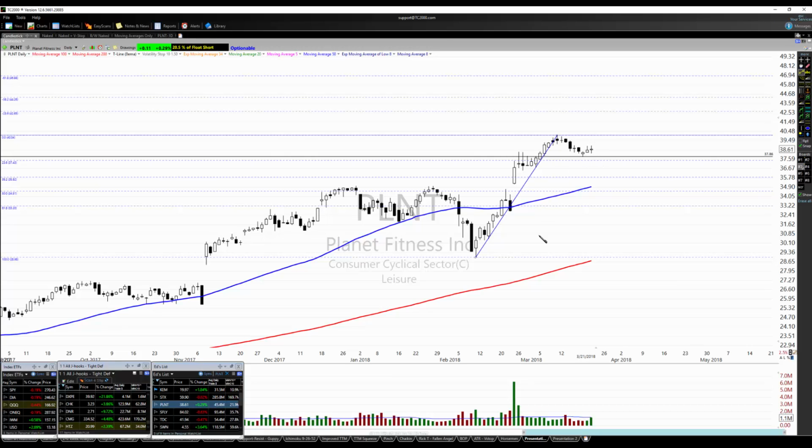If I got a signal tomorrow, so let's say I get a bull engulfing tomorrow, something like that, I would have the signal.